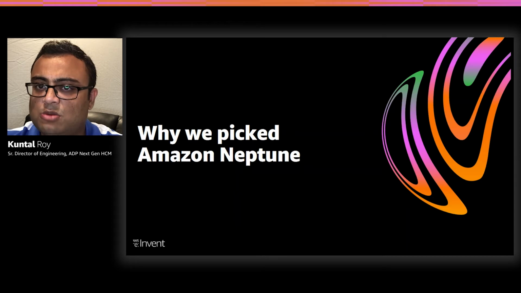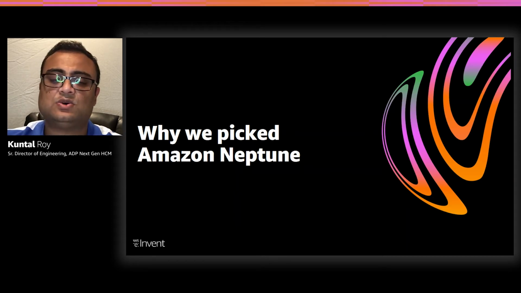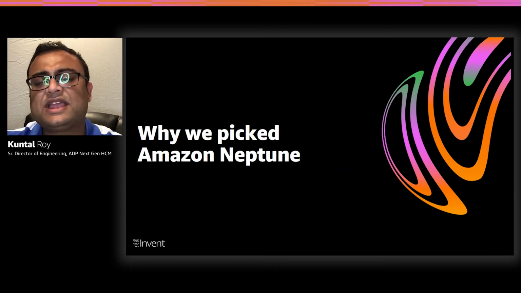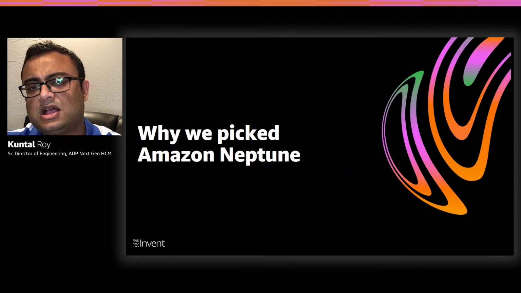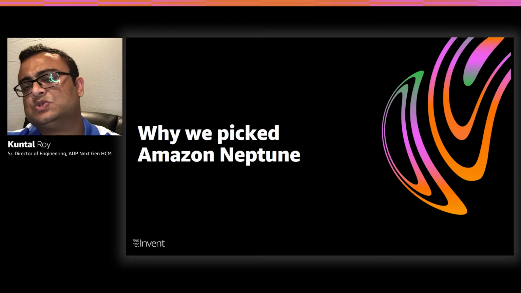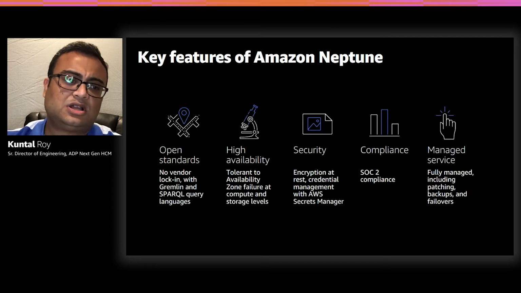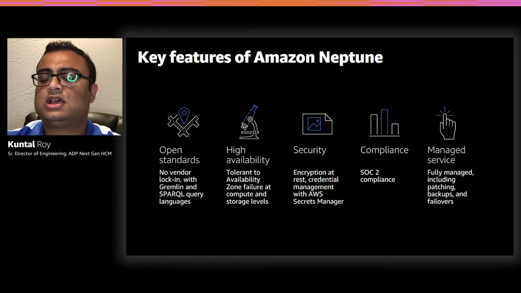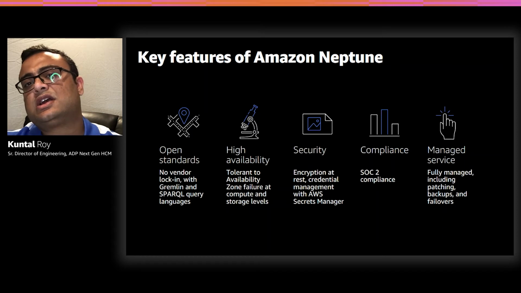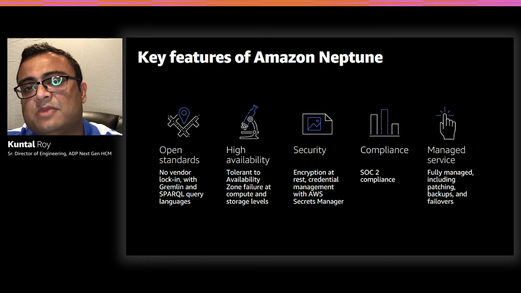It did its job for the time being, but as we were scaling out, some of the shortcomings were very apparent. Back in 2018, when Neptune was announced, it kind of caught our attention for five main reasons. One of it was open standards, high availability. Then you had security, compliance, and it being a managed service.